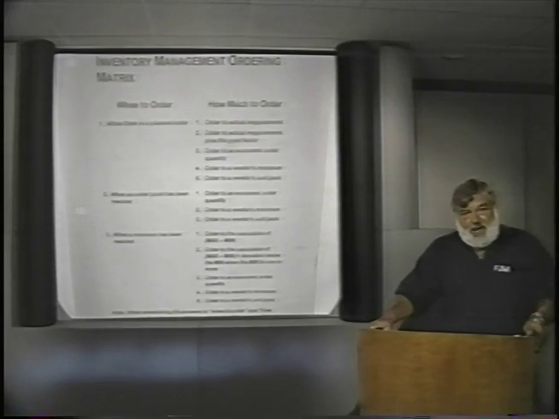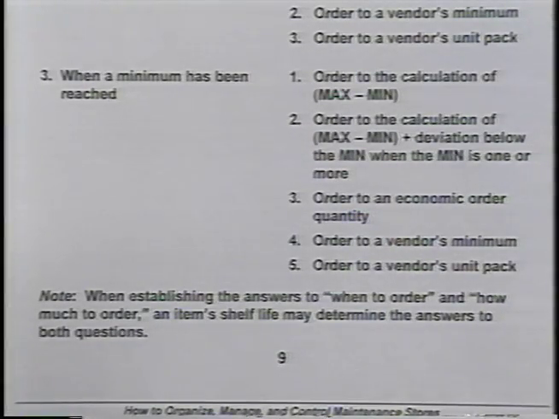And when we have a min-max requirement, when we reach the min, there are two ordering criteria for the min-max system. If the minimum is 0, the order quantity is max minus the min.